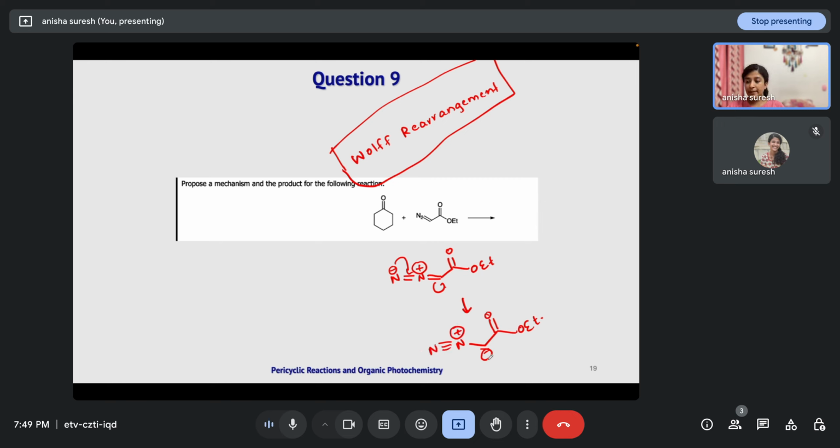Okay, so this will be an anionic species. This can add on to this ketone. A nucleophilic addition can take place. Okay, so let us see how the reaction is taking place.